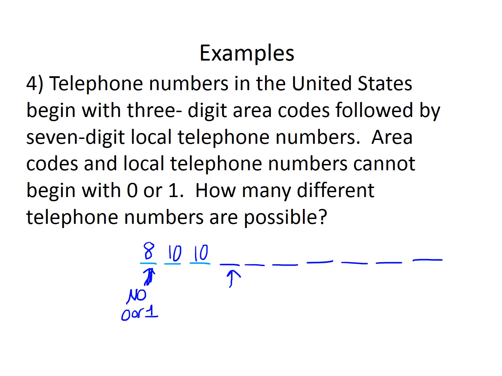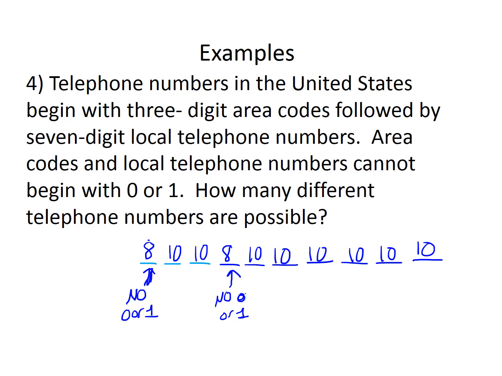Again, the 7-digit number cannot begin with a 0 or a 1, and you just know that anyway from phone numbers. Nobody starts with 0. So there's 8 possibilities there, but then you could have any of the 10 digits after that. So you can certainly multiply those all together.